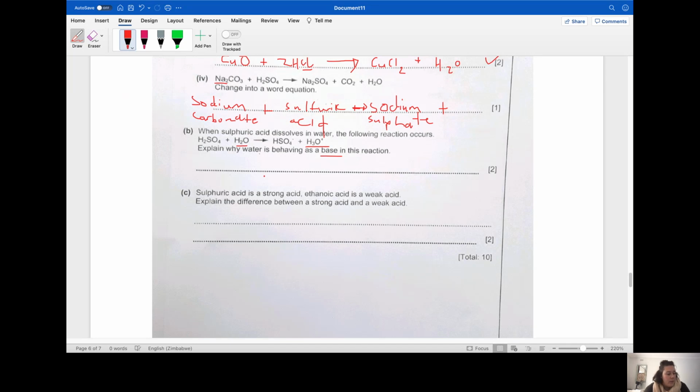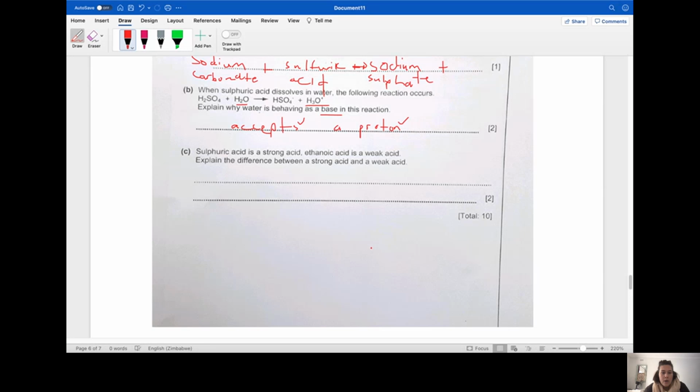So it accepts, for 1 mark, a proton for your 2nd mark. So you had to figure out that they were asking you what is a base. A base is something that accepts a proton. Here we had H2O, we've got H3O. That means it took up an H. So it accepts 1 mark, a proton, 2nd mark.